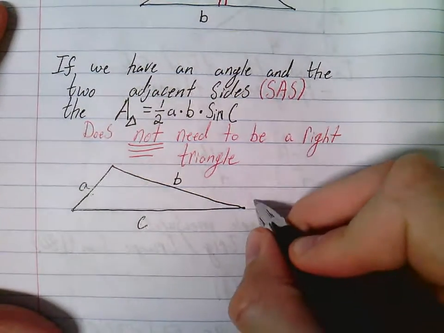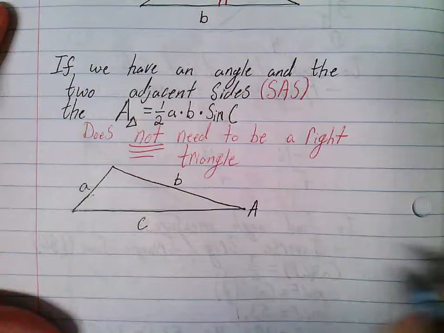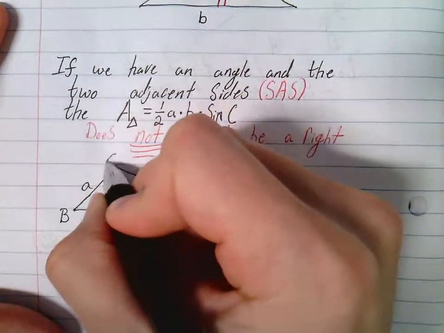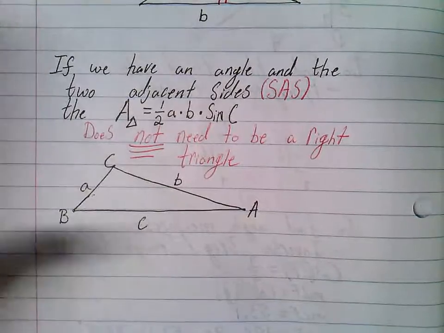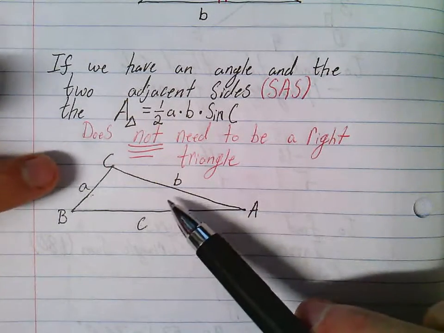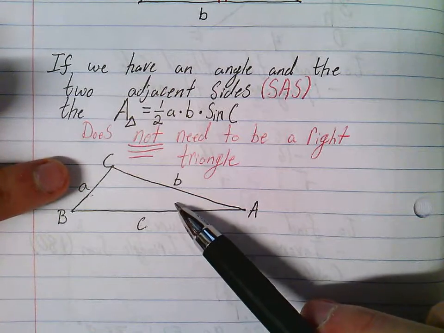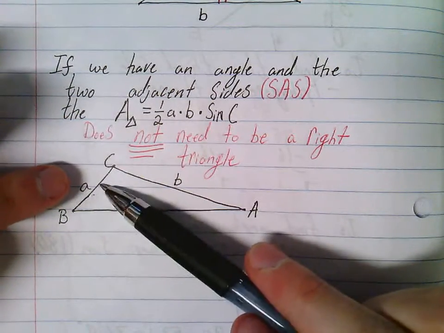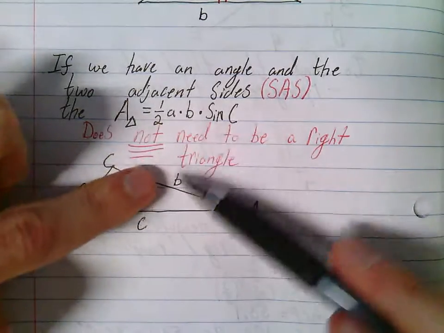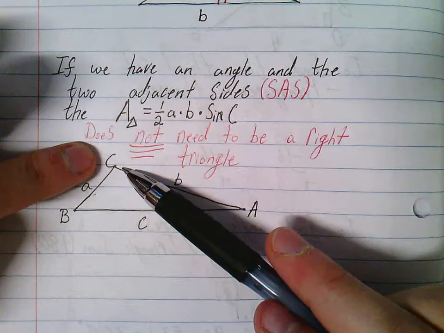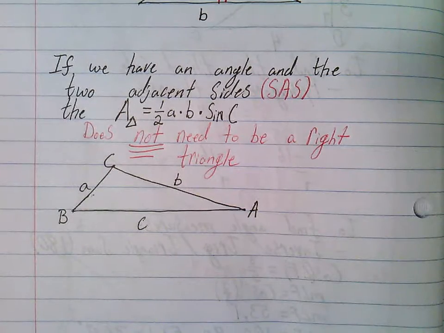So this would be angle A. This would be angle B. And this would be capital C, angle C. So if I want to find the area of this triangle, I take 1/2 the side length A times the side length B times the sine of the interior angle. Let's take a look at an example of this.